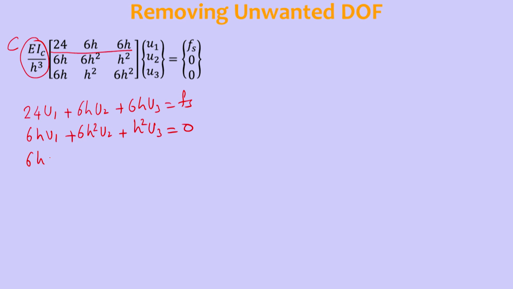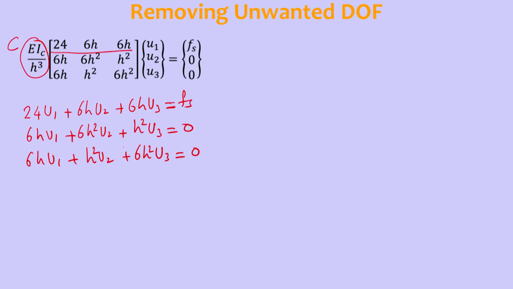And 6H U1 plus H square U2 plus 6H square U3 is equal to 0. So, force is applied only in one equation, whereas in these 2 equations it is 0. So, it is better to substitute U2 and U3 in the form of U1.